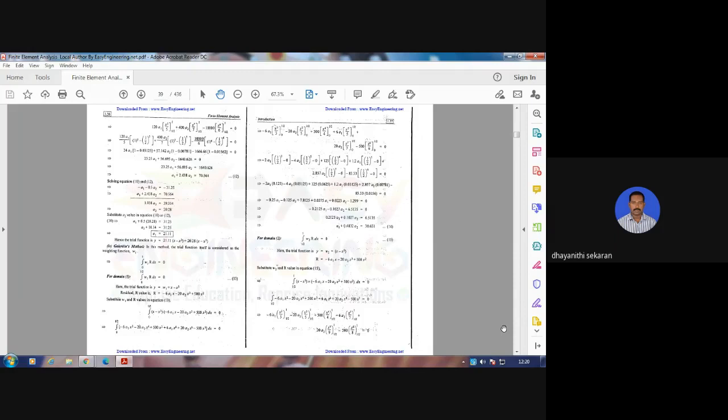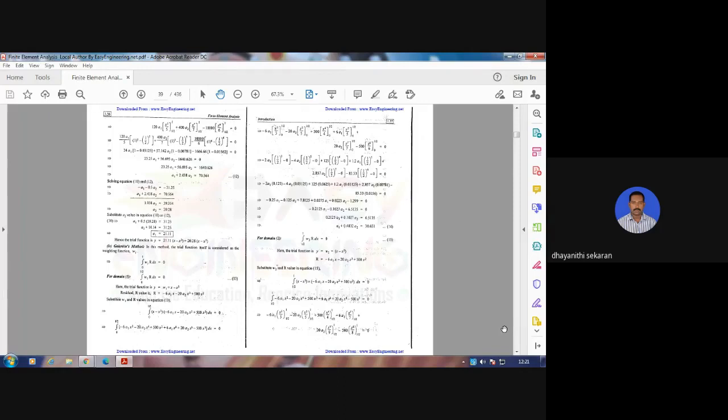The Galerkin method is somewhat different, because here the integral from 0 to 1/2 of W1 R dx. What is the weighting function W1 for unknown parameter a1? It is the trial function x minus x cube only. Don't consider x minus x power 5, because the weighting function W1 should be equal to the trial function 1 for unknown parameter a1, that is for domain 1, with limit 0 to 1/2.